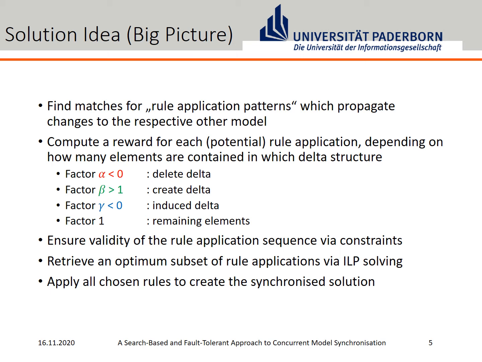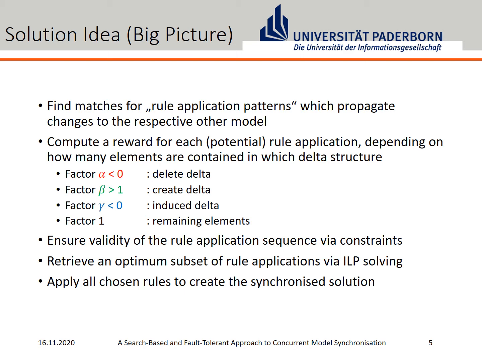On the other hand, elements that are newly created should definitely be considered in the final solution, which is expressed by a factor beta greater than 1. Furthermore, it should be avoided that the operation creates a lot of new elements itself, so this is punished with a factor gamma slightly less than 0.